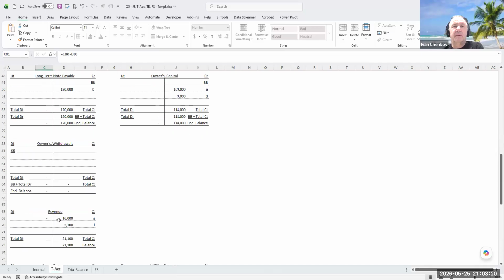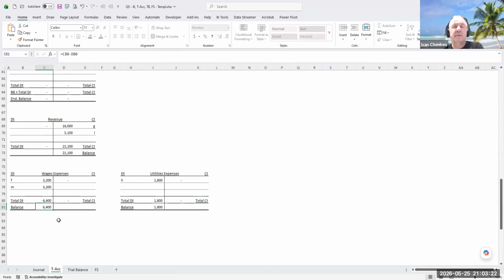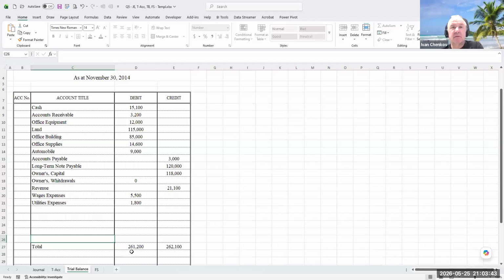Let's pretend that the wages, instead of 3,200, we entered 2,300. I flip the numbers. What's going to happen now? When I check my trial balance, I'll be off balance.